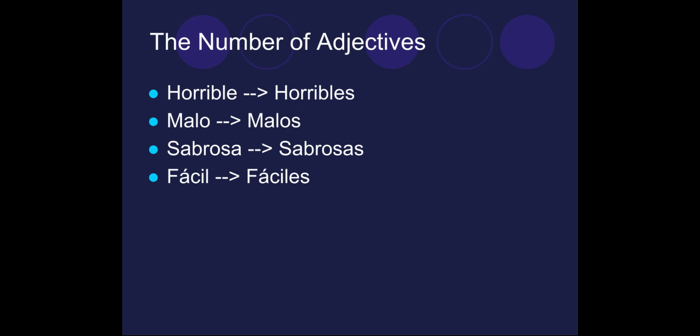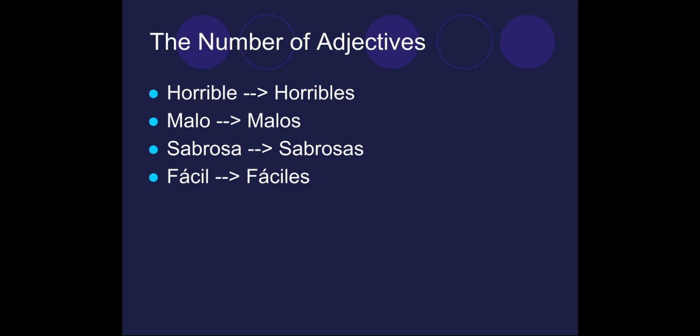For example, horrible is singular. It ends in an e, which is a vowel, so I just add s, and I get horribles. So el sandwich horrible, the horrible sandwich. But if it's not just one sandwich, it's more than one, then it's los sándwiches horribles.